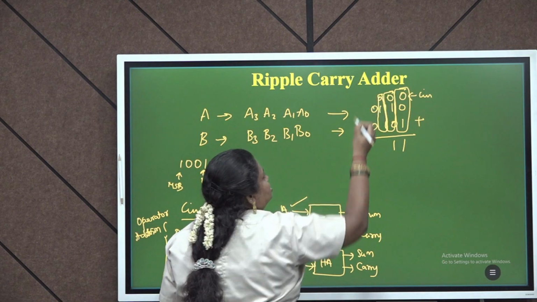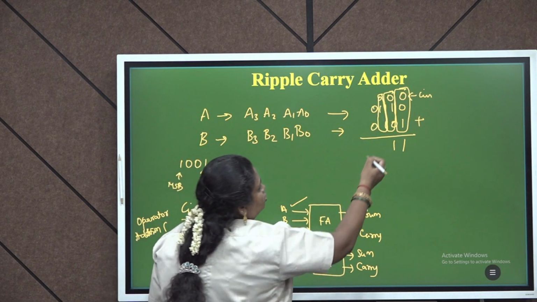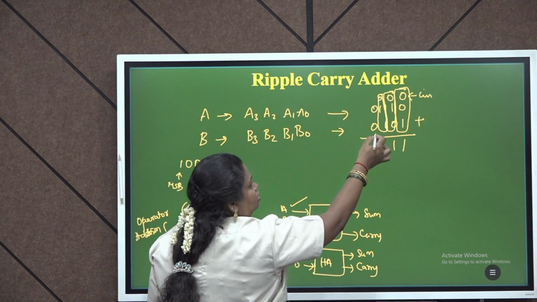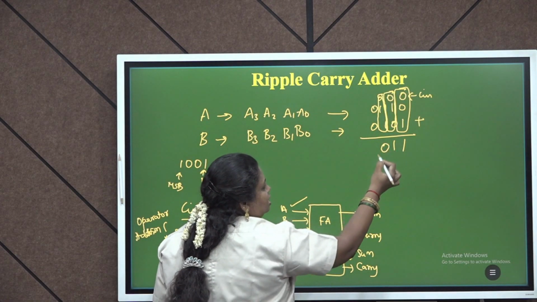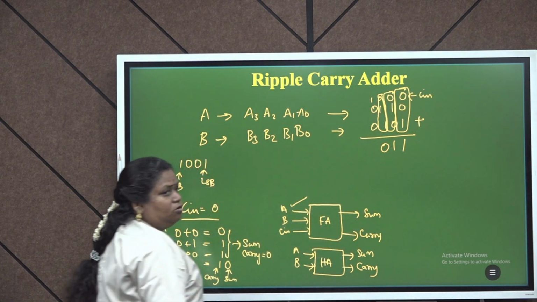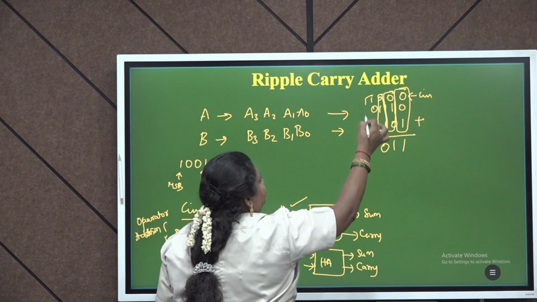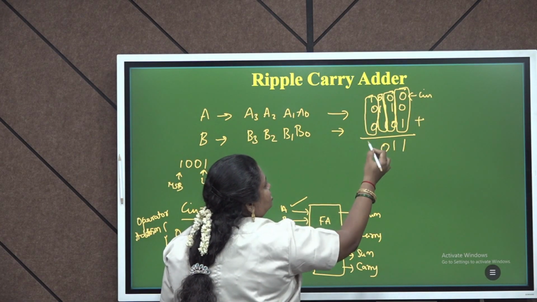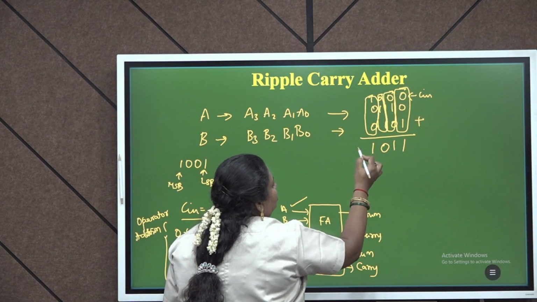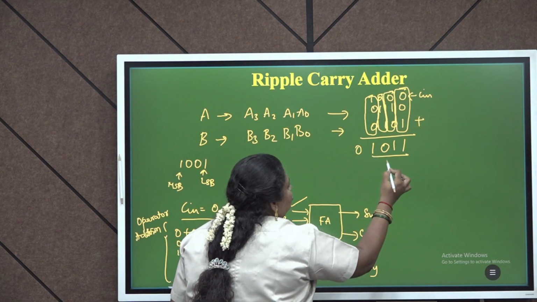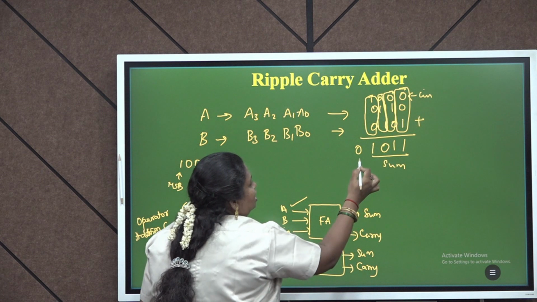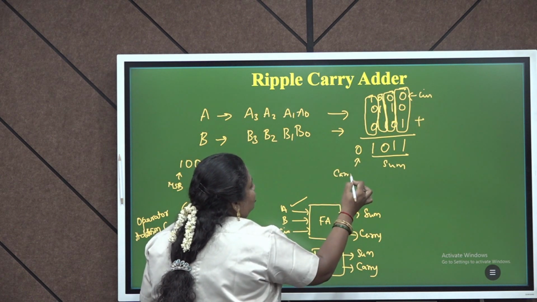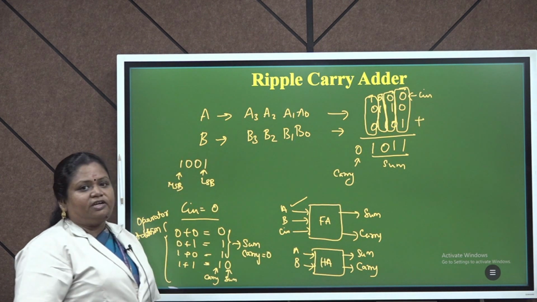Again the same process for the next row: 0 plus 1 is 1, 1 plus 1 gives sum 0 and carry 1. The same process is repeated here, 1 plus 0 is 1 and 1 plus 0 is 1. So these 4 bits are representing my sum value and this is representing my carry value. I think it is very clear for you.